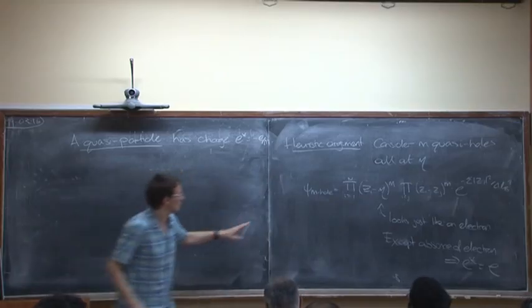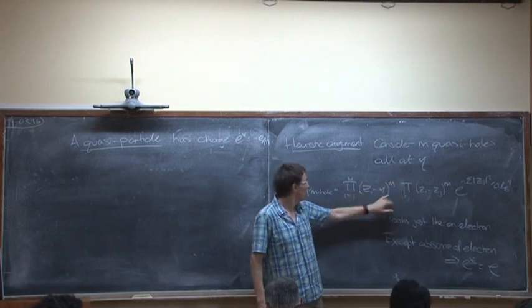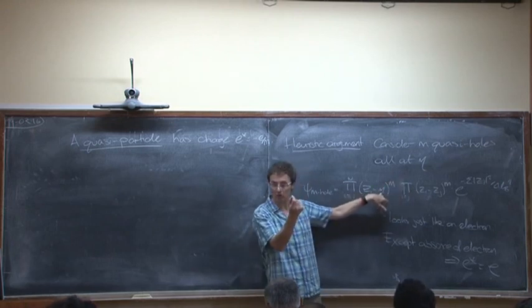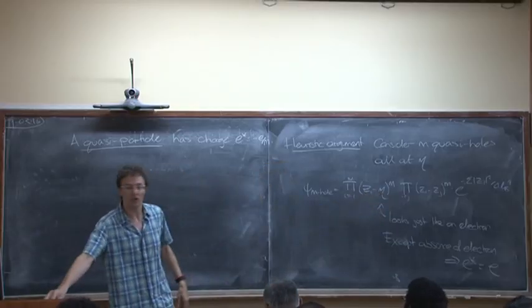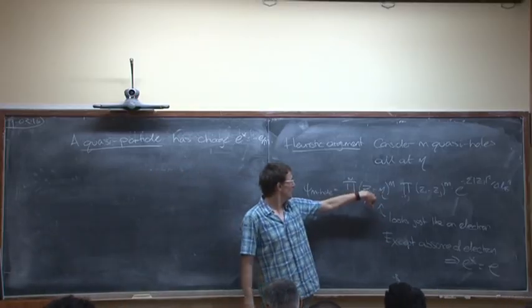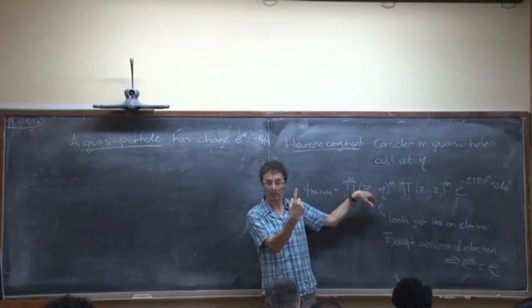So let's go back to the single quasi-hole. We'll set m equals 1 here. And let's put the quasi-hole at the origin. Okay, so eta is 0. The way you get a quasi-hole is just by multiplying by 1 power of z for every particle. Okay? So what does that do?